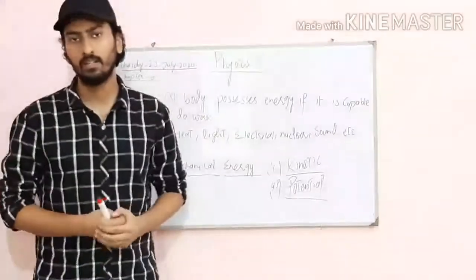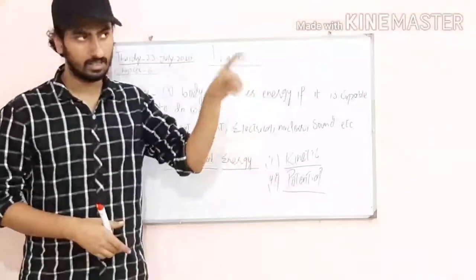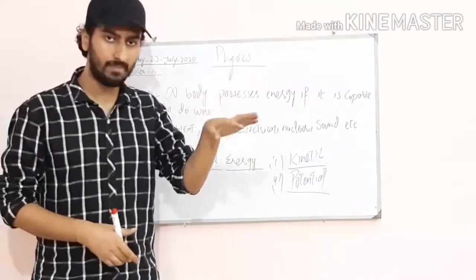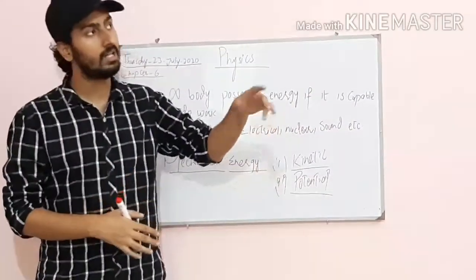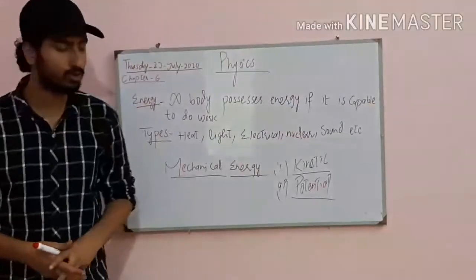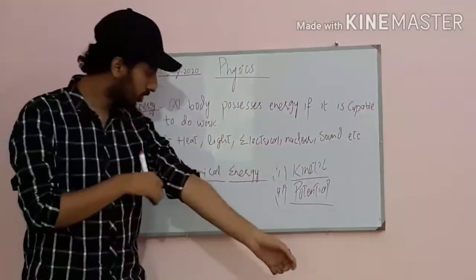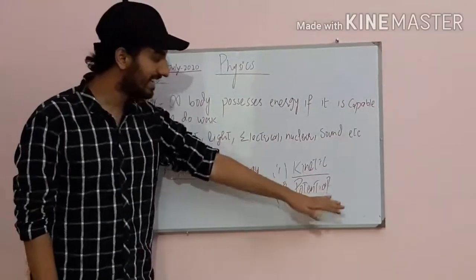Moving air is called wind. So from wind energy we are able to move the windmill, and electrical generators are connected with the windmill. When wind moves the windmill, the turbines generate electrical energy. So our topic is mechanical energy, and there are two types of mechanical energy: kinetic and potential.